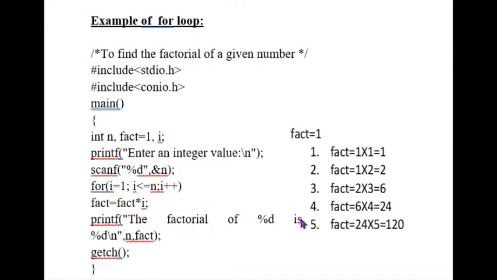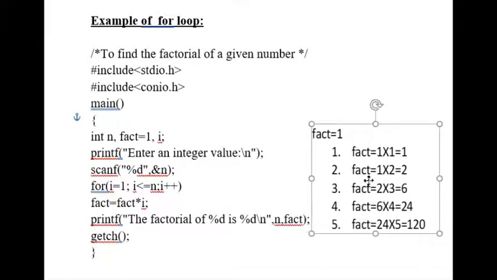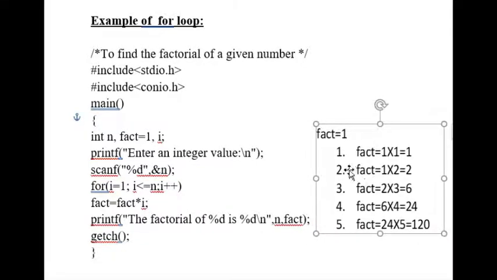Let us see, I have written the statements showing how the increment is done after each iteration. So, we are taking the value of n as 5, and initially the fact value is equal to 1.